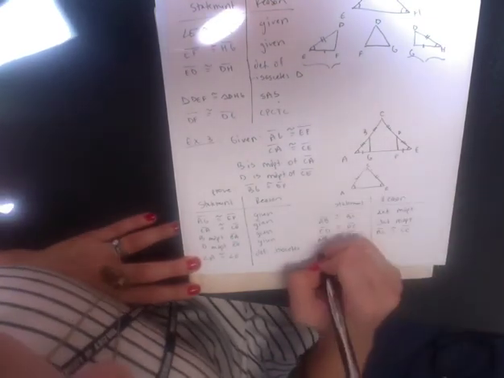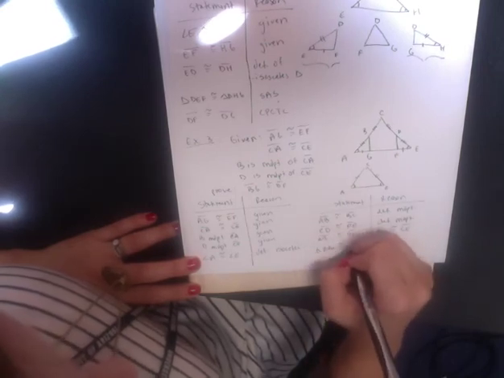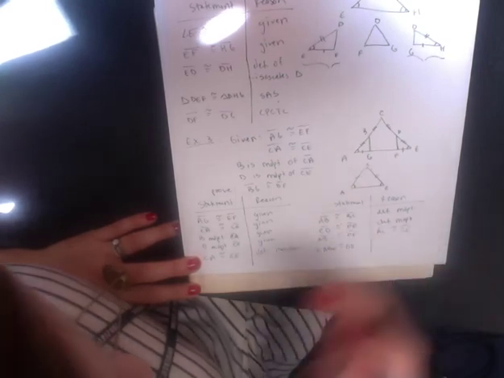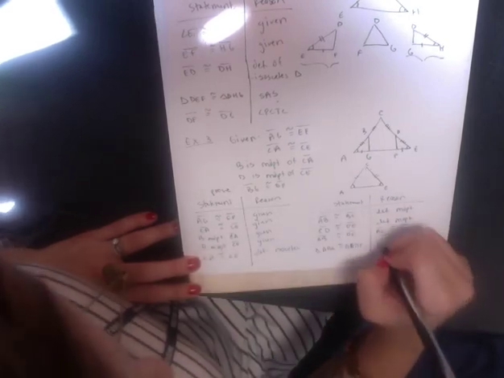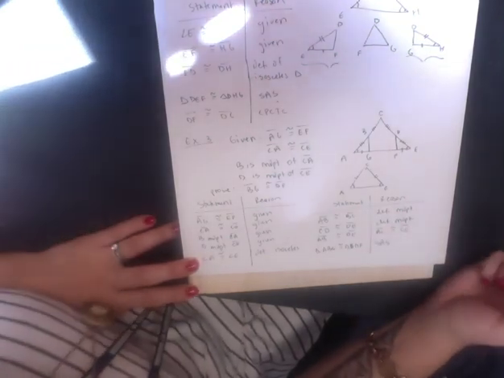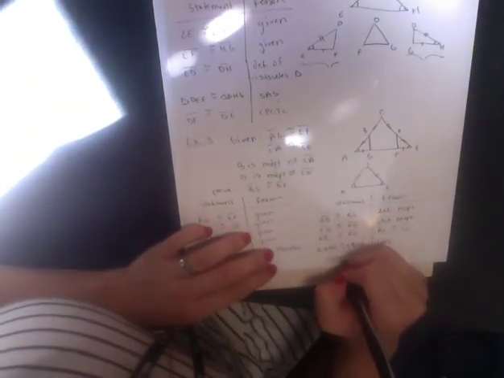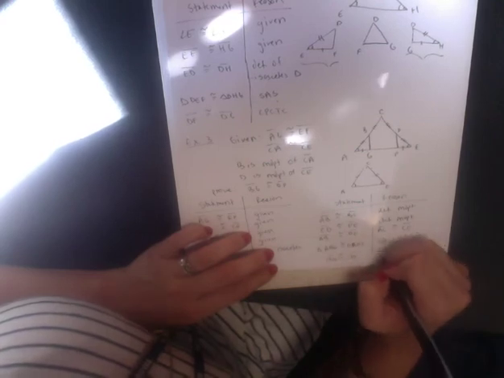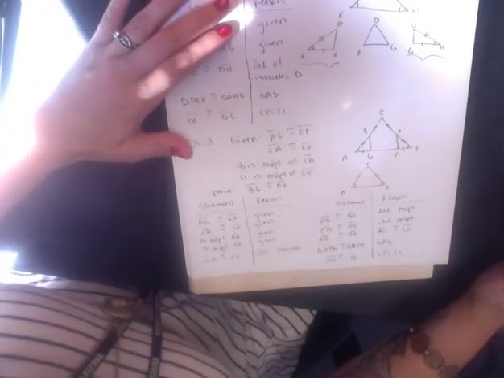If that's true, I can then say triangle ABG is congruent to triangle EDF by side angle side. Therefore, I can say BG is congruent to DF, CPCTC.